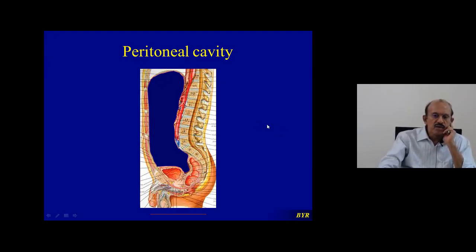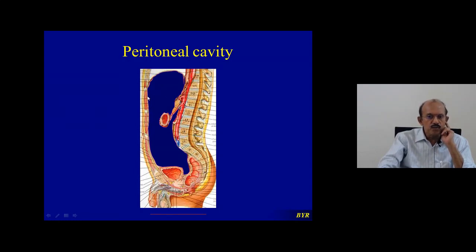So this is the peritoneal cavity. This is lined by peritoneal membrane. The bowels will protrude into the peritoneal cavity like this. Whenever they are protruding like this, what is happening? The peritoneum is covering the mesentery and covering the bowels and going like this. So we have two parts of the peritoneum.